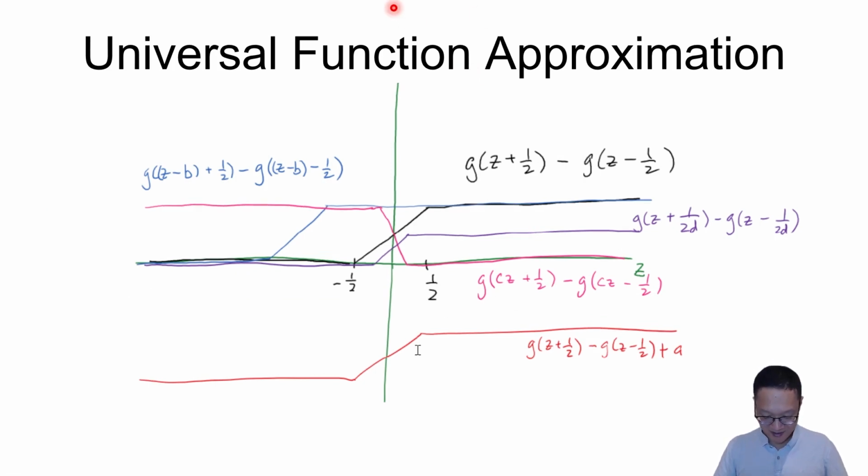The whole point is that by using a combination of these, by changing the slope, changing the region, and also changing the position horizontally and also vertically, we can construct a very little segment of a straight line with arbitrary slope and at an arbitrary place on the graph.